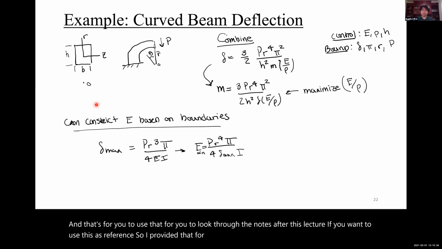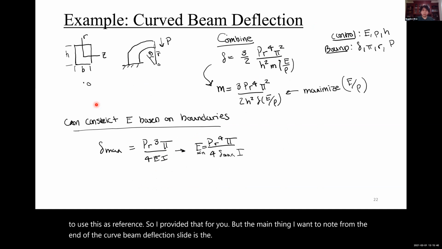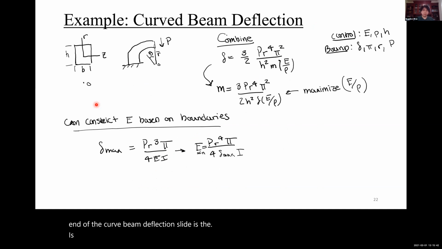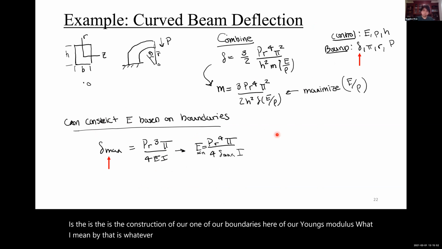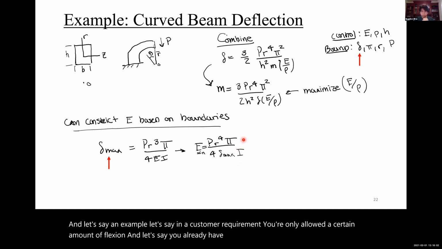But the main thing I want to note from the end of the curved beam deflection slide is the constriction of one of our boundaries here of our Young's modulus. What I mean by that is one of our bounds is deflection, and let's say in a customer requirement, you're only allowed a certain amount of deflection, and let's say you already have a cross section in mind, right?